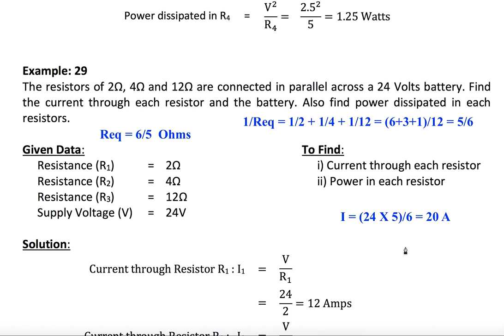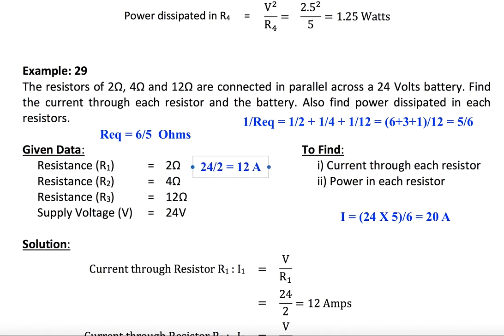Okay, individual currents, how to find? 24 upon 2 is the current flowing through the resistor R1, that is 12 ampere.